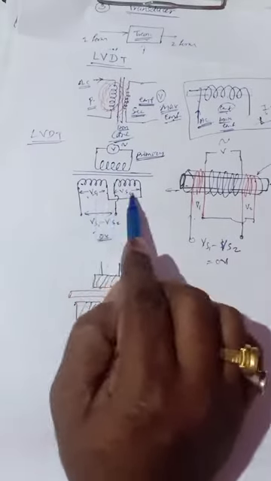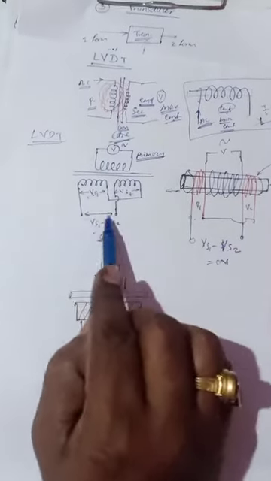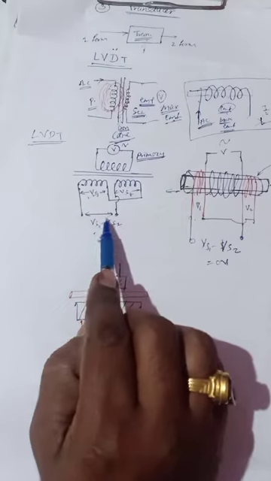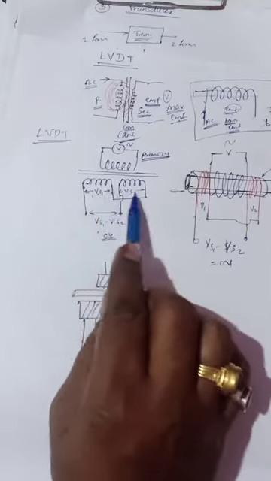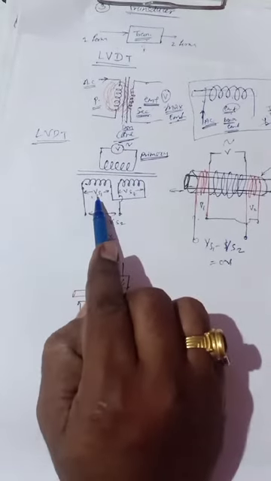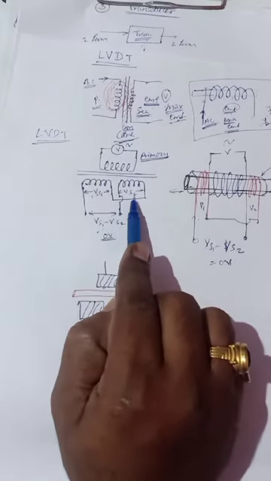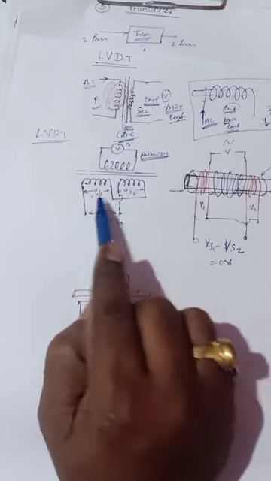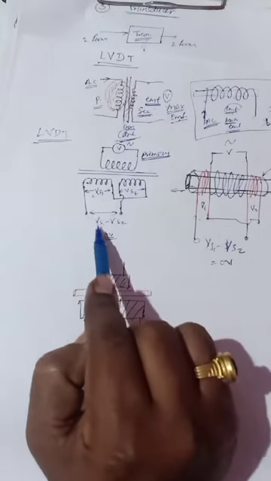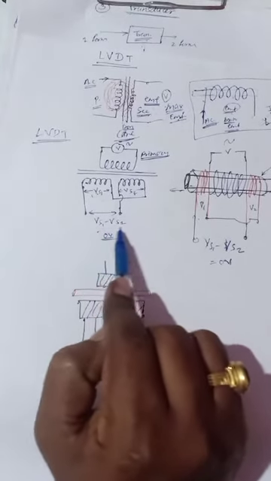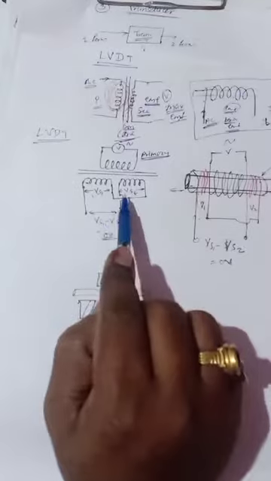Out of phase means if we connect these two coils and observe the voltage, we get the difference between these two voltages. So Vs1 is the voltage generated by secondary one, Vs2 is the voltage generated by secondary two, and if we connect like this, we get the difference voltage between these two.